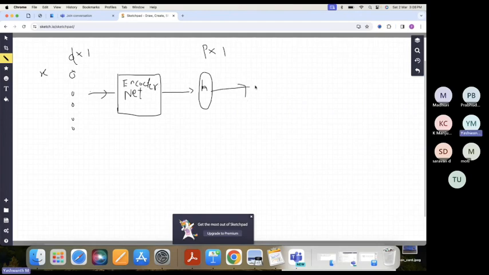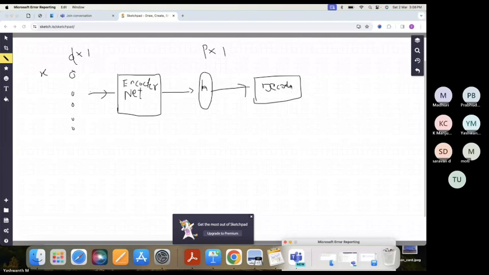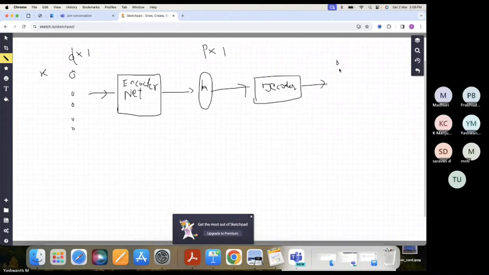And this thing goes to a decoder network, and here you reconstruct your X. This is your X hat.